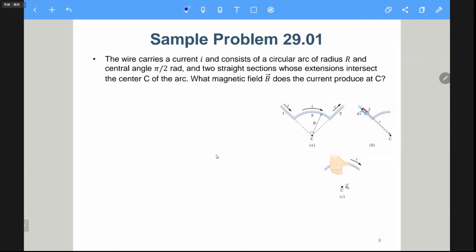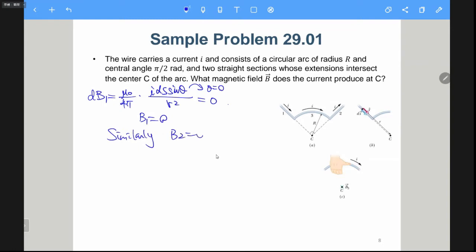So here, actually we can write dB1, which is mu 0 over 4 pi times I ds sine of theta over r squared. And this theta is 0, so we have a 0 for B1. And similarly, B2 equals 0. B2 is generated by segment 2.